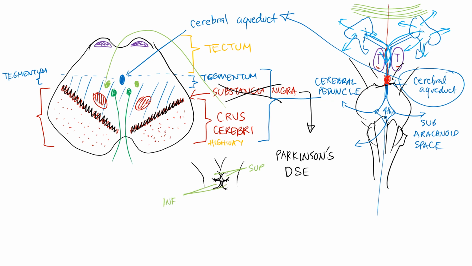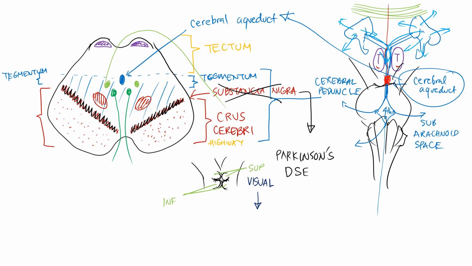Now, just remember this. Superior colliculi is usually visual. It's a nuclei that processes visual reflexes and visual cues. Now, this is very interesting.